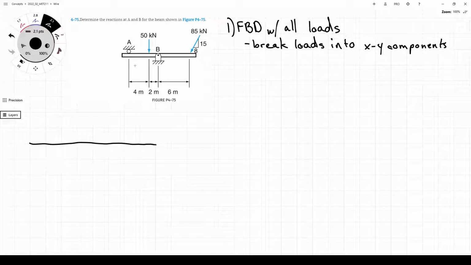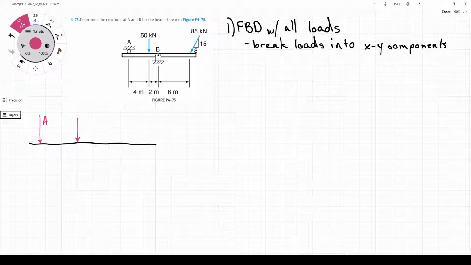So first, we'll start by identifying those. We'll start at the left here. At point A, we've got a roller, so we've got a load pointing down at A. Then we've got a 50 kilonewton load pointing down at this point.